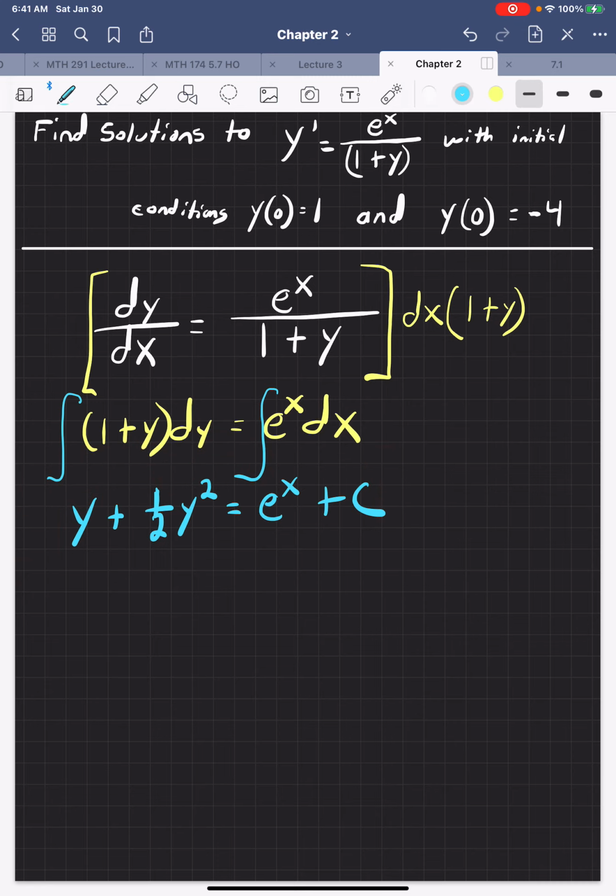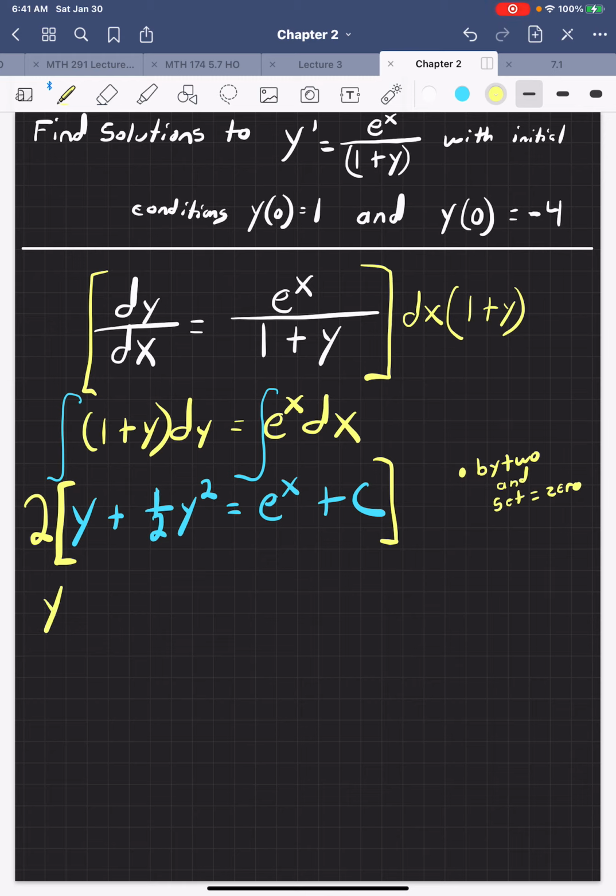Okay? So let's go ahead and distribute that 2 and set it equal to 0. Ready? Let's go ahead and do that. Let's write it in descending power, so let's start with the y squared first.